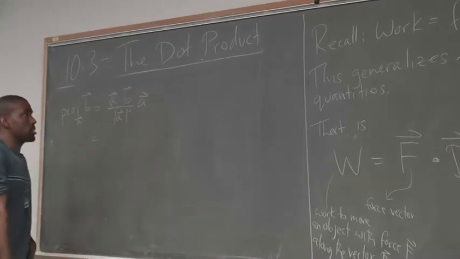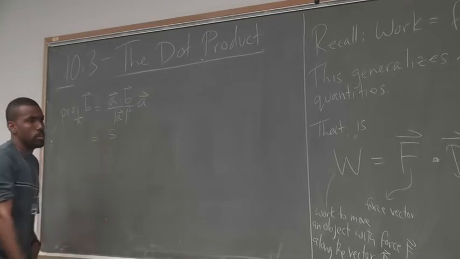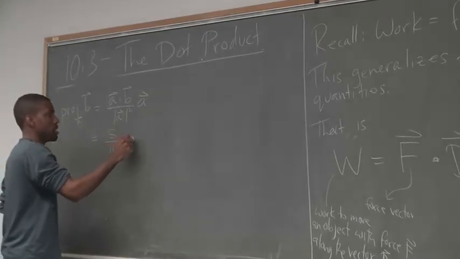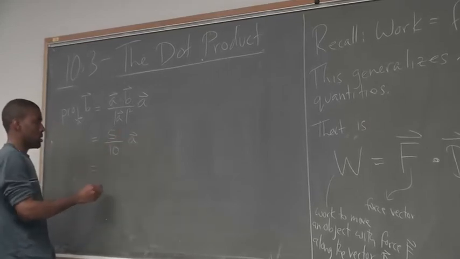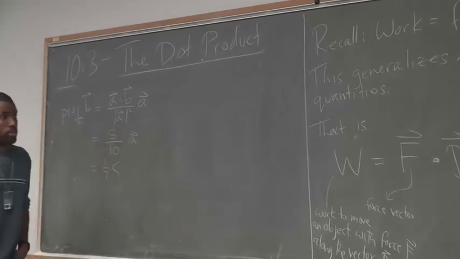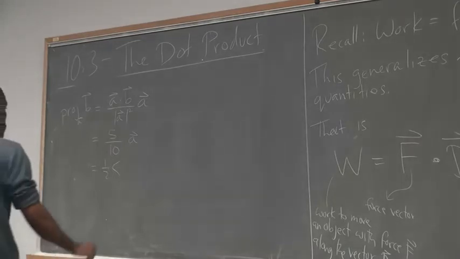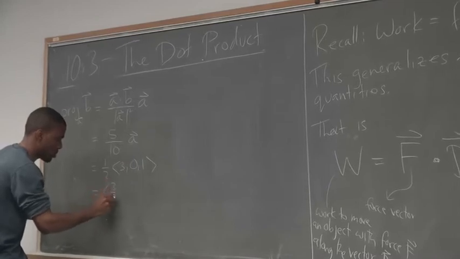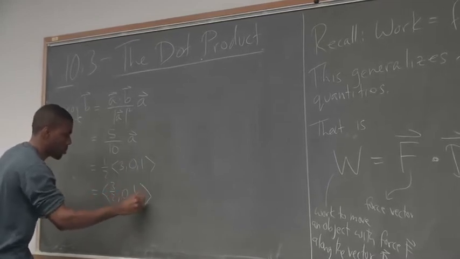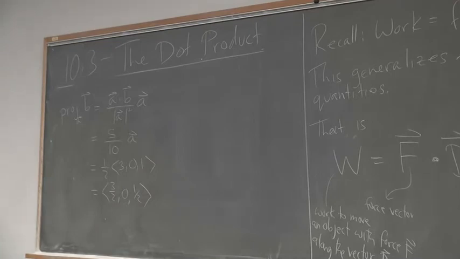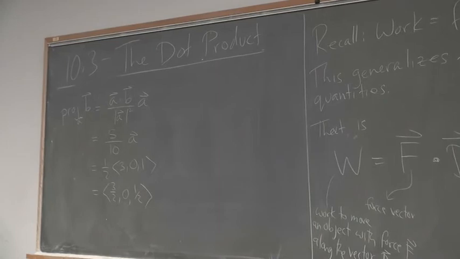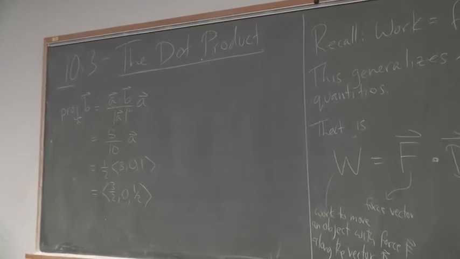So then this is actually going to be 5 over 10 times A, which is just a half times the vector A, which was 3, 0. So if I project this vector onto that one, the magnitude of the vector will be that, and the actual vector will be that.